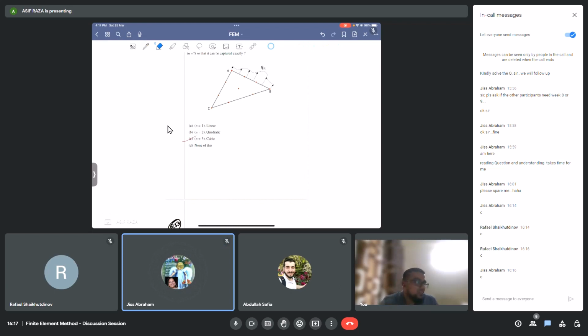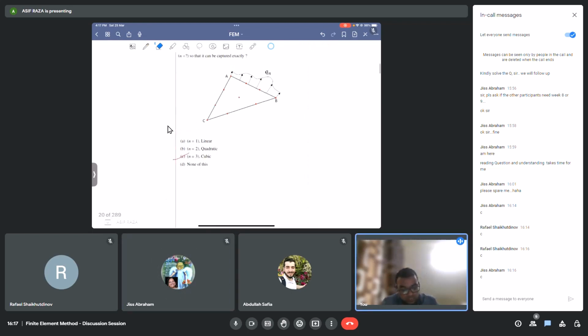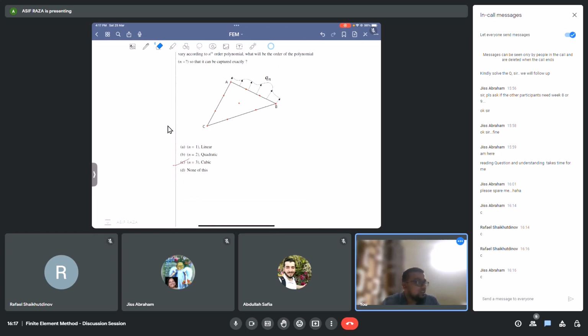Yes. As you can see, this is a Lagrangian triangular element with 4 nodes per side.